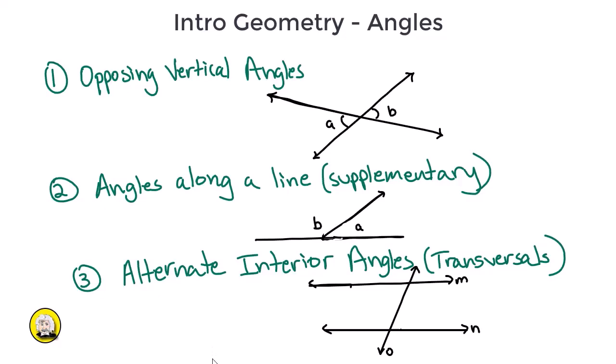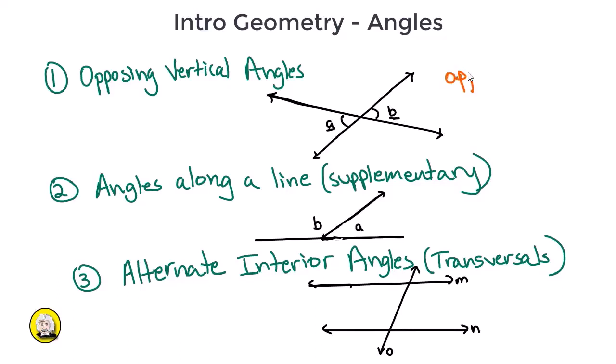Three typical angle theorems you'll run into on the exam are opposing vertical angles, angles along a line or supplementary angles, and alternate interior angles or transversals. So what exactly are these theorems? Well, we know opposing vertical angles occur when 2 straight lines intersect. The angle A and the angle B shown are opposing vertical angles.